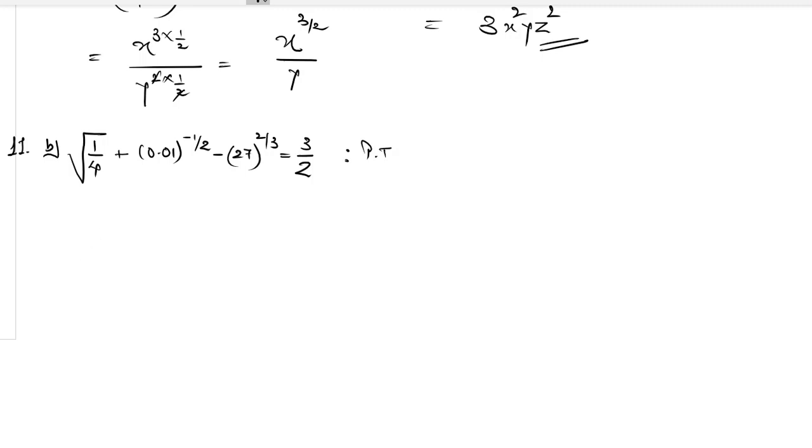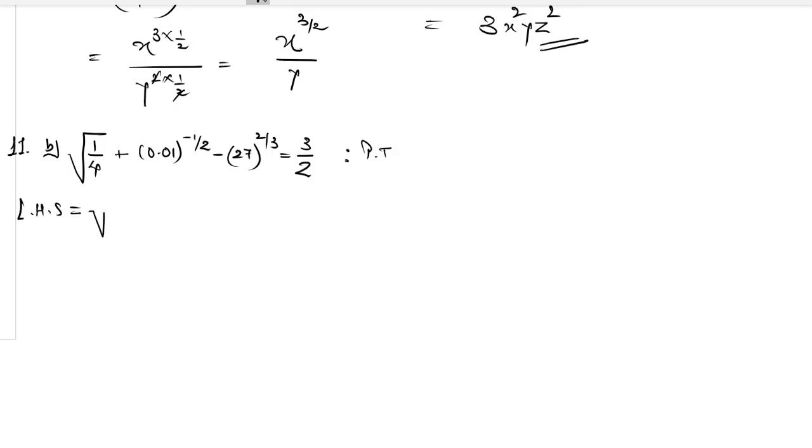Whenever, again I'm telling you, please keep this in mind. Whenever you have a question of prove that, you have to always solve by the method of LHS and RHS. Left hand side and right hand side. LHS.